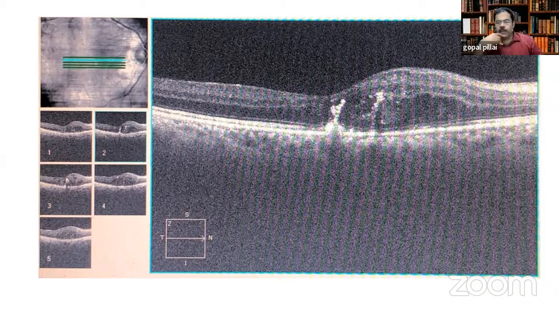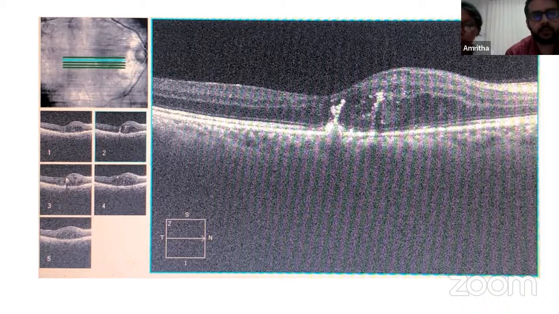All right. So what do we have here? Here is an OCT of the right eye with optically clear vitreous, and it seems like an intact posterior vitreous face.